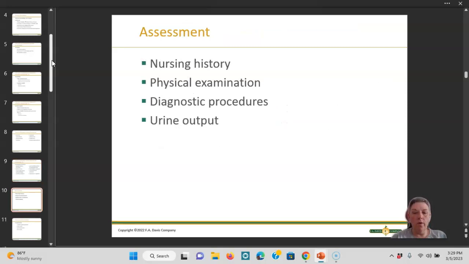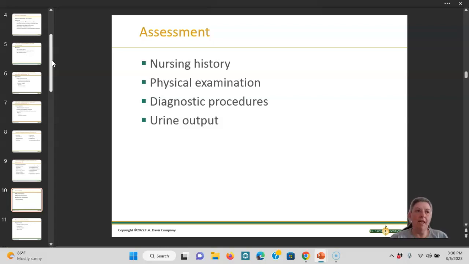Okay, so you always start with assessment. So get a nursing history, physical exam, diagnostic procedures. What kind of diagnostic procedures? An IVP. So they'll shoot dye into the urethra and follow it through the system.